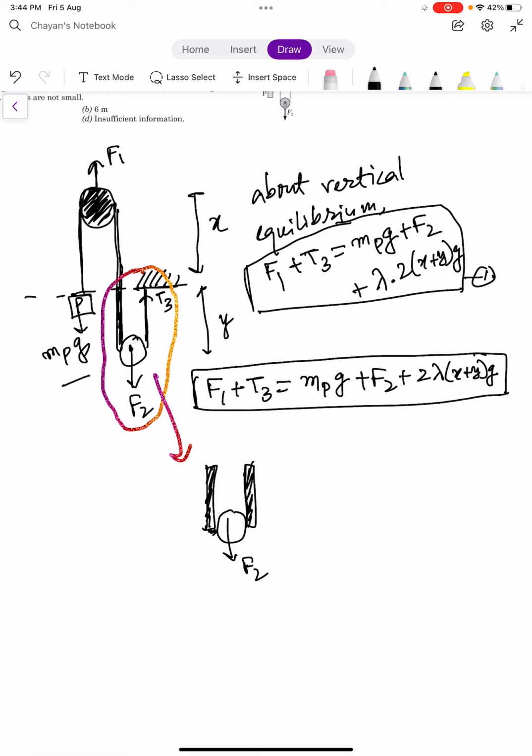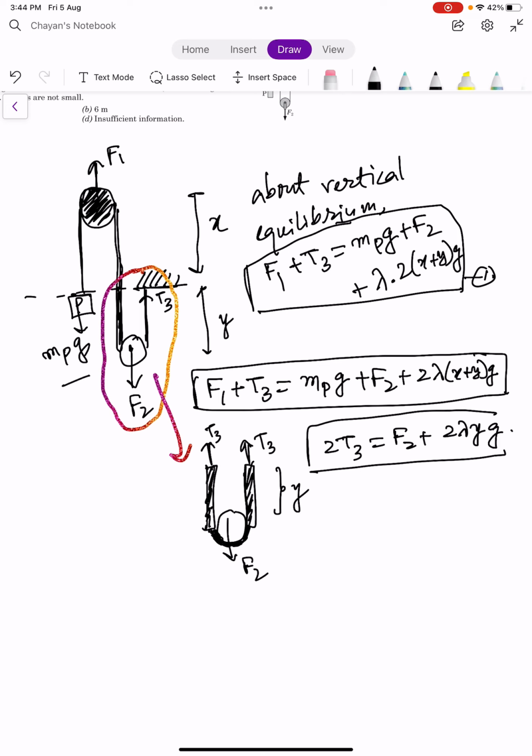The length of the rope under this pulley contributes to both sides in the same manner. So if there is this T3, there is the same T3 on the other side, and the length is Y. So from equilibrium of this, 2 times T3 equals F2 plus 2 lambda Y into G. This is equation 2.